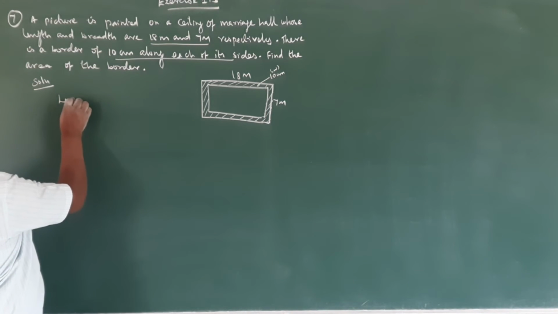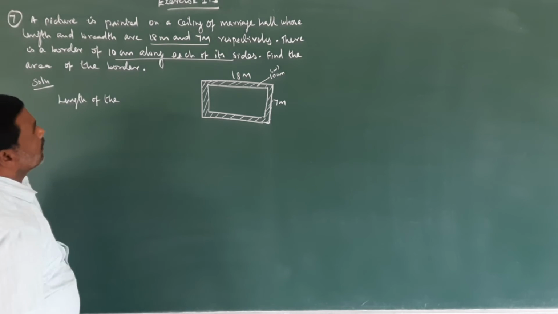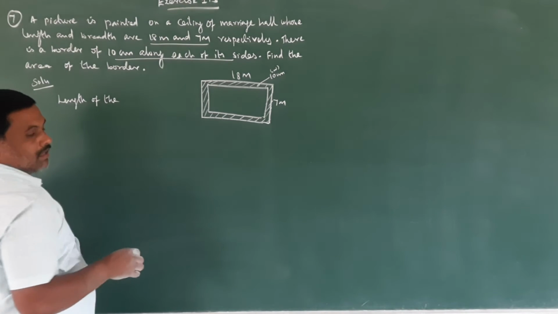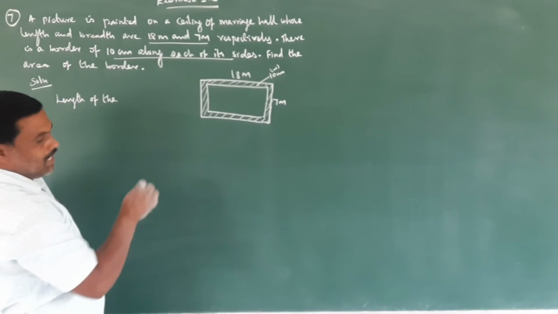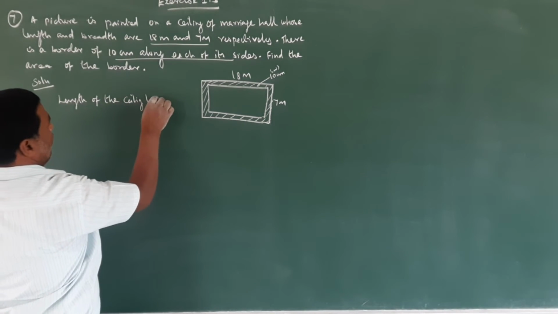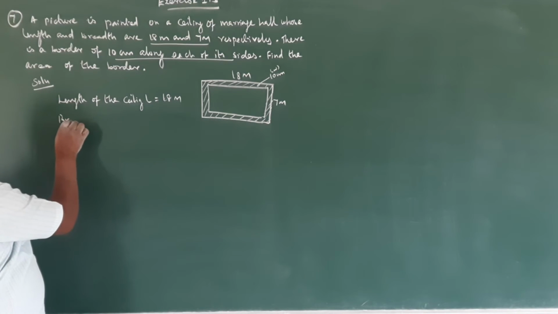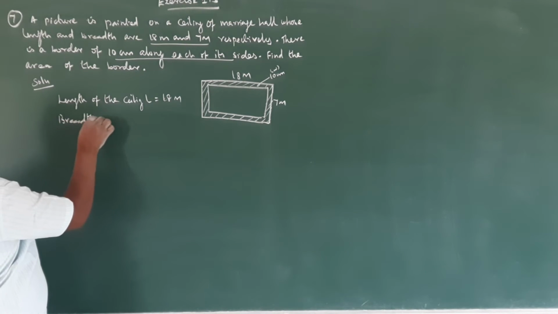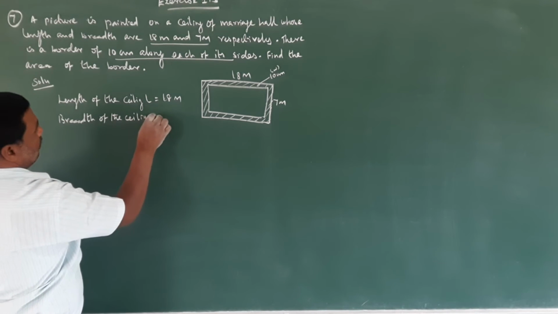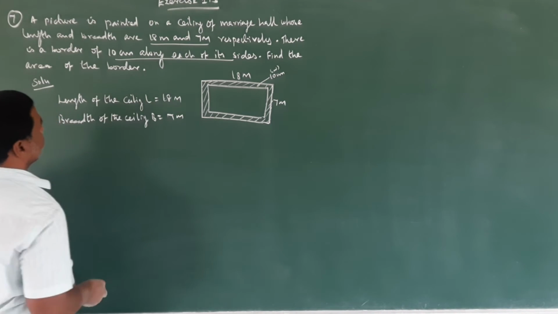Now first solution. Length of the ceiling, capital L equal to 18 meter. Breadth of the ceiling, capital B equal to 7 meter.